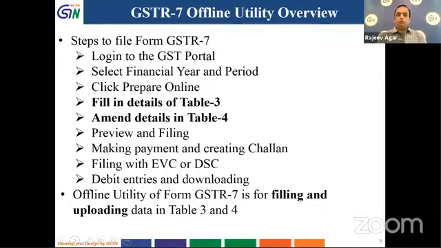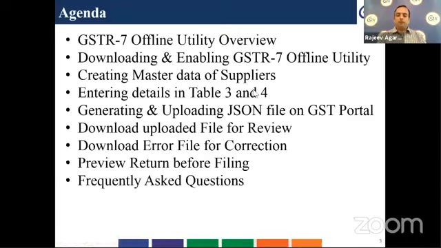The offline utility provides you with the facility to fill in details of table 3 and table 4 only. So you can see here, these two things can be done using the offline utility. The rest of the activities are to be done online. Even filling in details of table 3 and table 4 could be done online, but the offline utility provides you with the facility to fill in these details offline and then upload them.